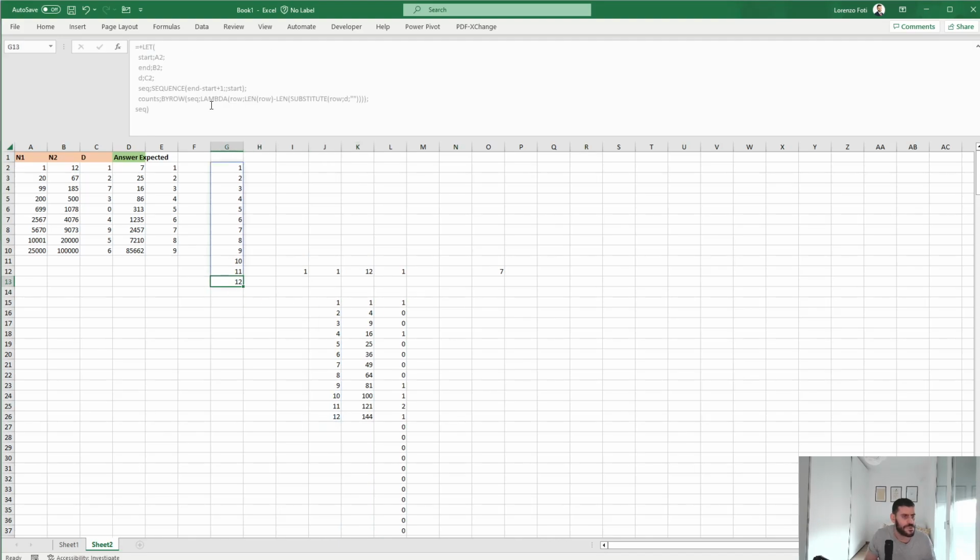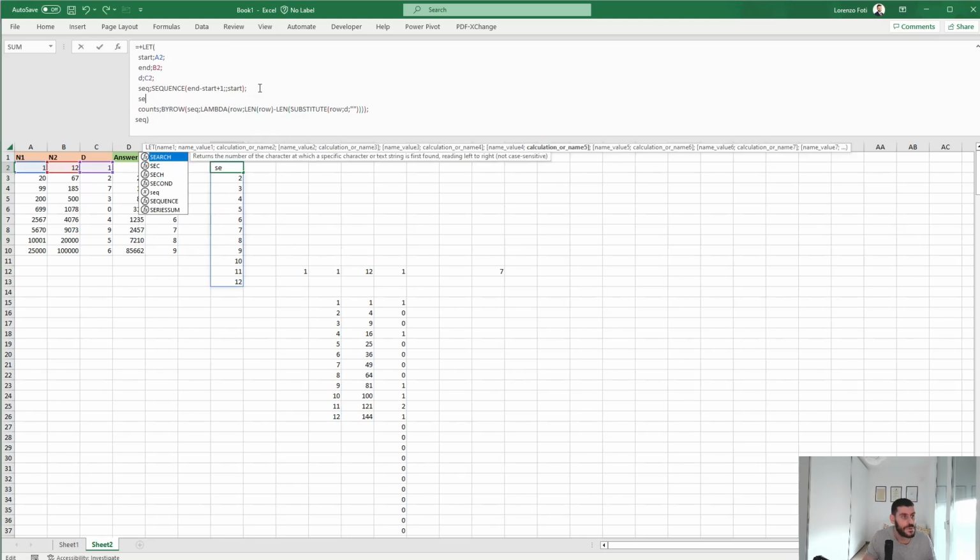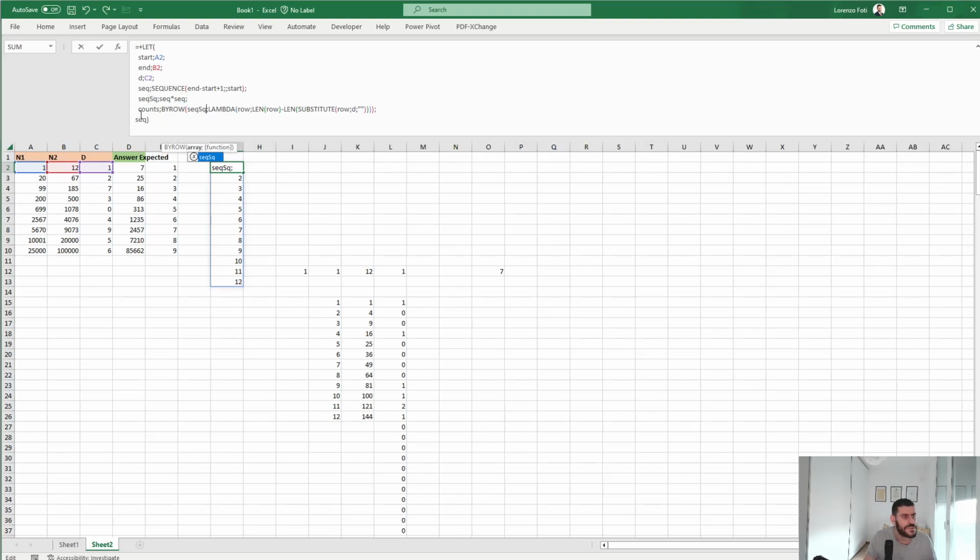Yeah, I need to do the squares of this. Squared sequence times sequence. I don't know if this works honestly. And I go with sequence squared. Let's see. Yes, it works.